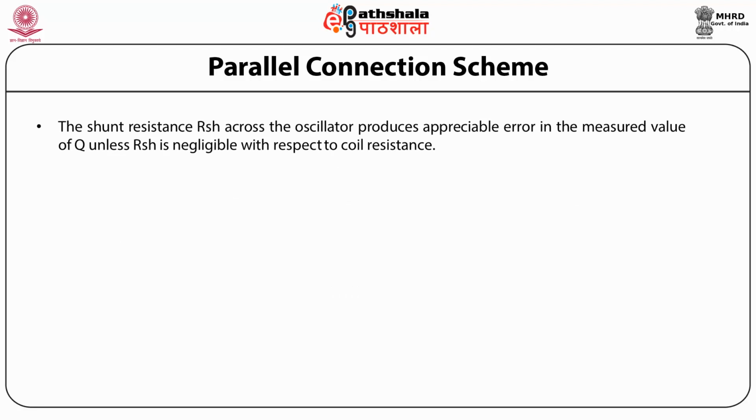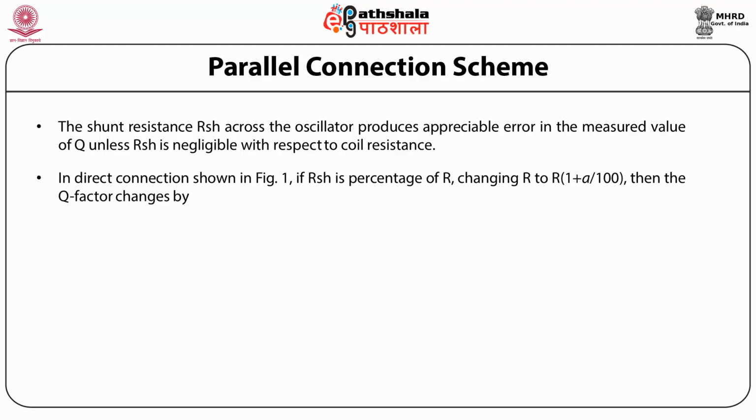The shunt resistance RSH across the oscillator produces appreciable error in the measured value of Q unless RSH is negligible with respect to coil resistance.